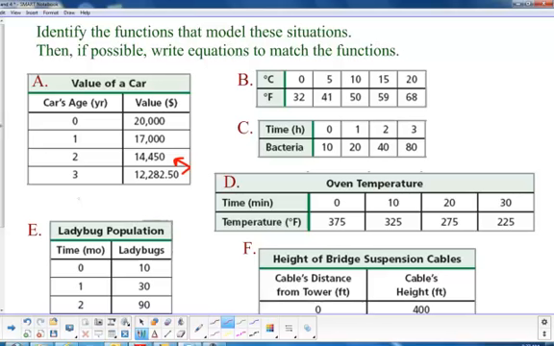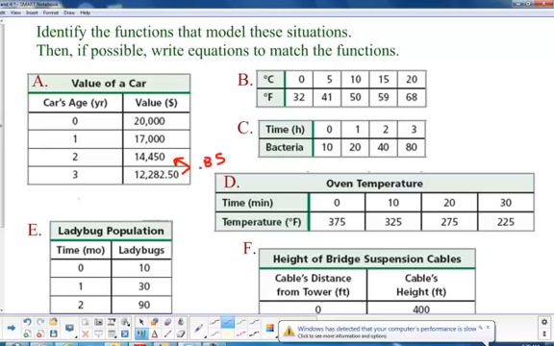So let's start dividing. So 12,282 divided by 14,450 is 0.85.